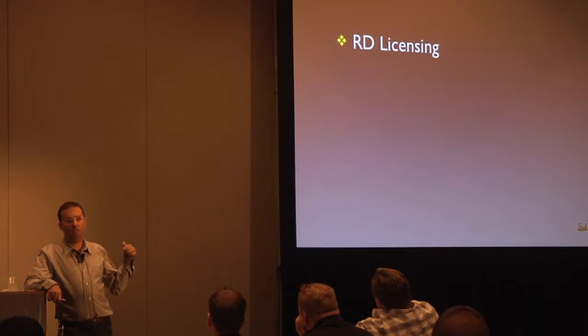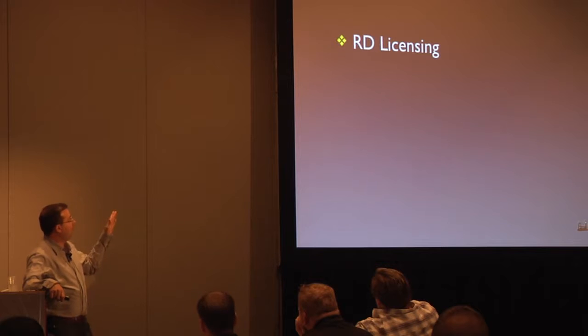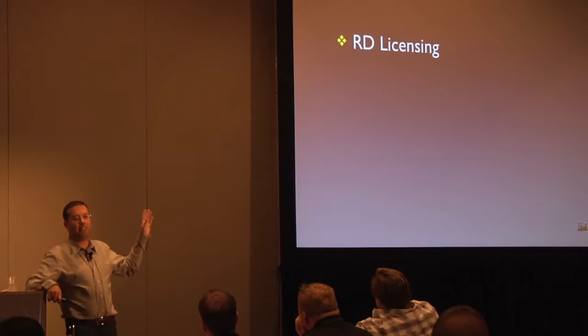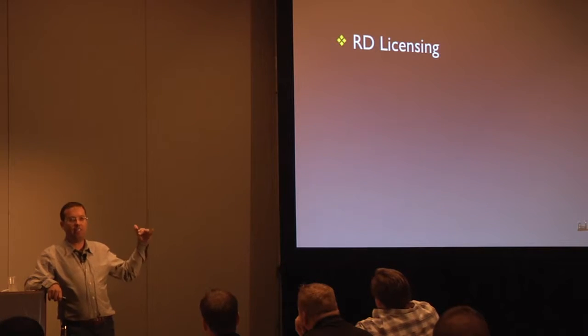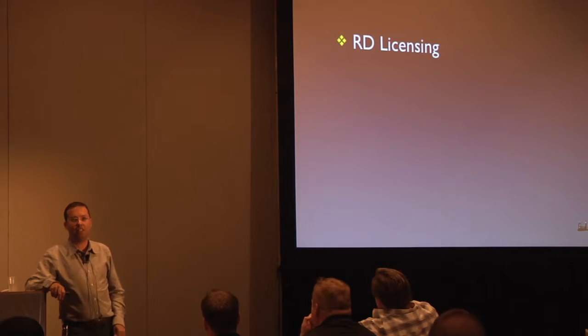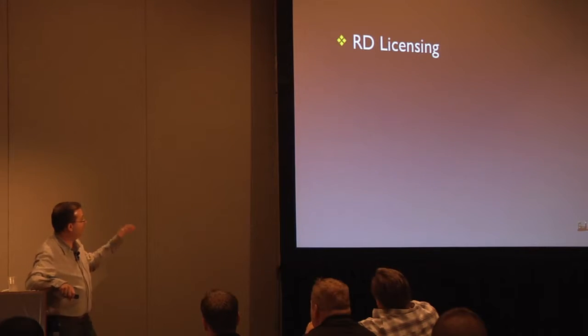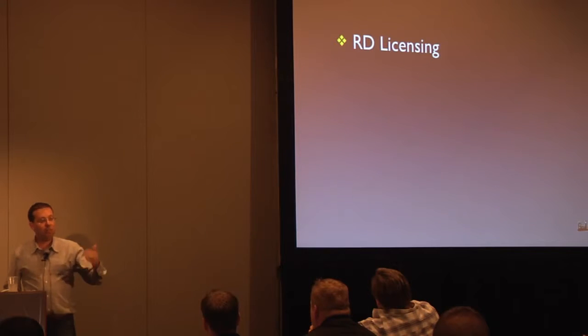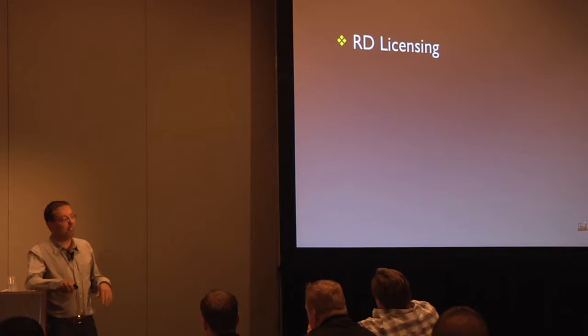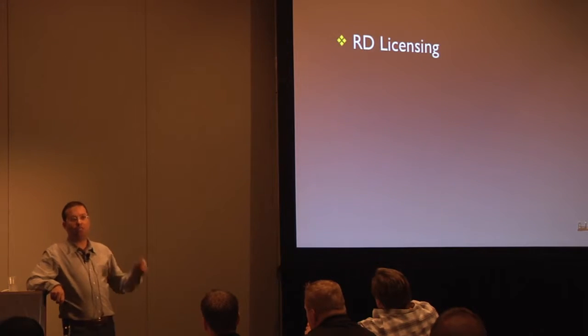RDS, you have a grace period. The problem with RDS is the grace period is like a second. So a second later, you are down, everyone is not working. So that's a good thing with RDS licensing. And the best one is there is really no officially supported way to have it fully highly available.